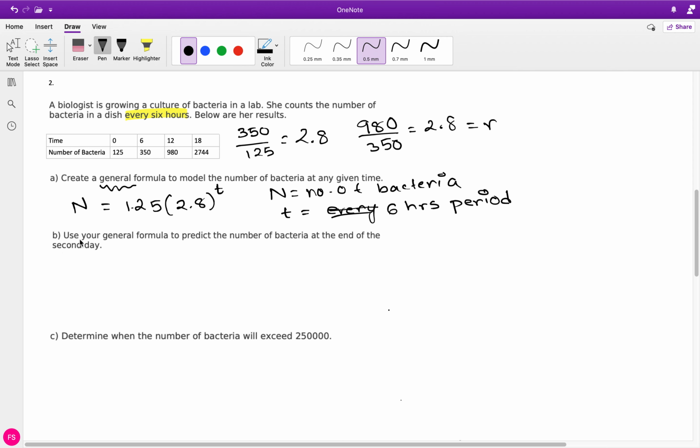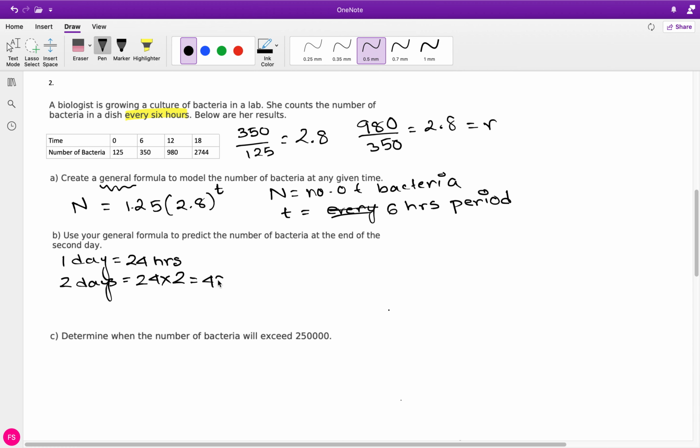For B, use your general formula to predict the number of bacteria at the end of the second day. In one day, we have 24 hours. At the end of the second day means 2 days. If one day is 24 hours, 2 days is going to be 24 times 2.